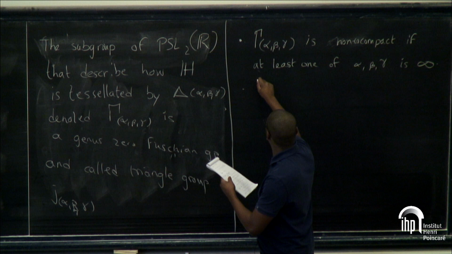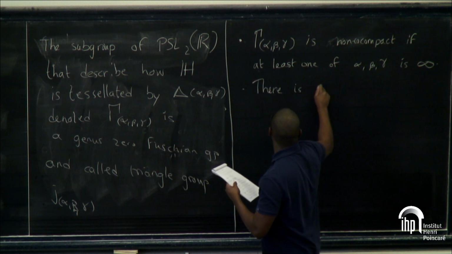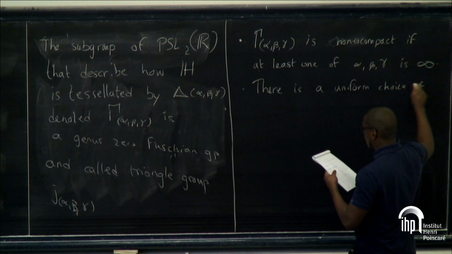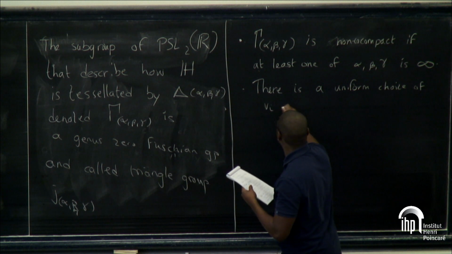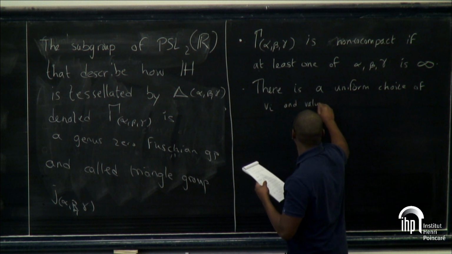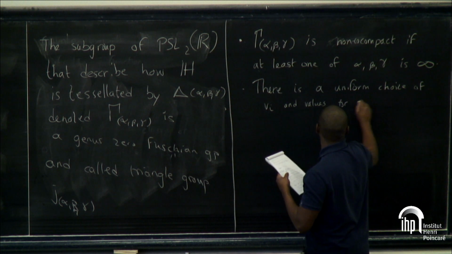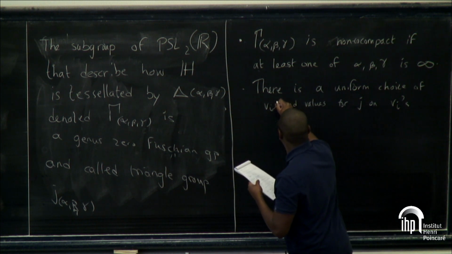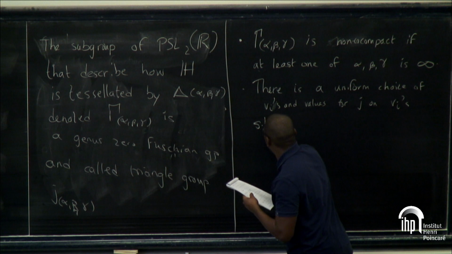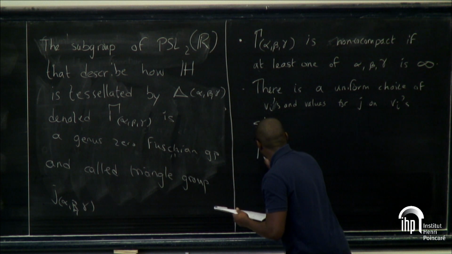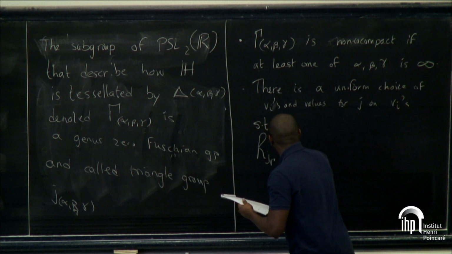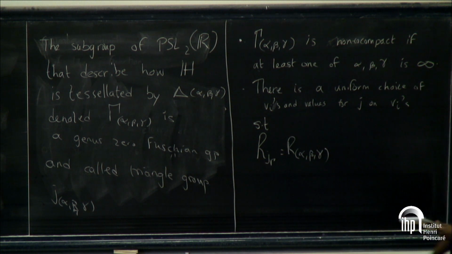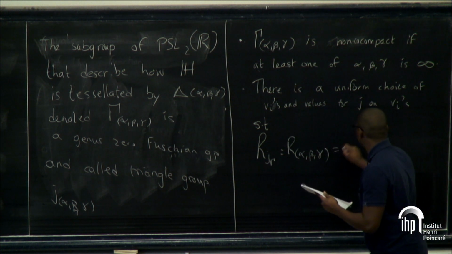So there is a uniform choice of the vertices and values for J on the vertices so that the rational function can be uniformly written in terms of alpha, beta, gamma.